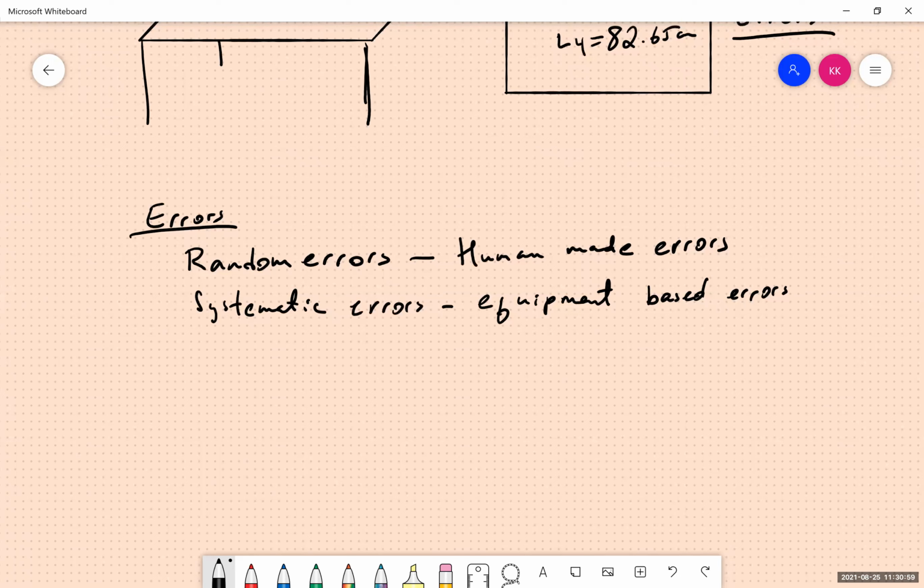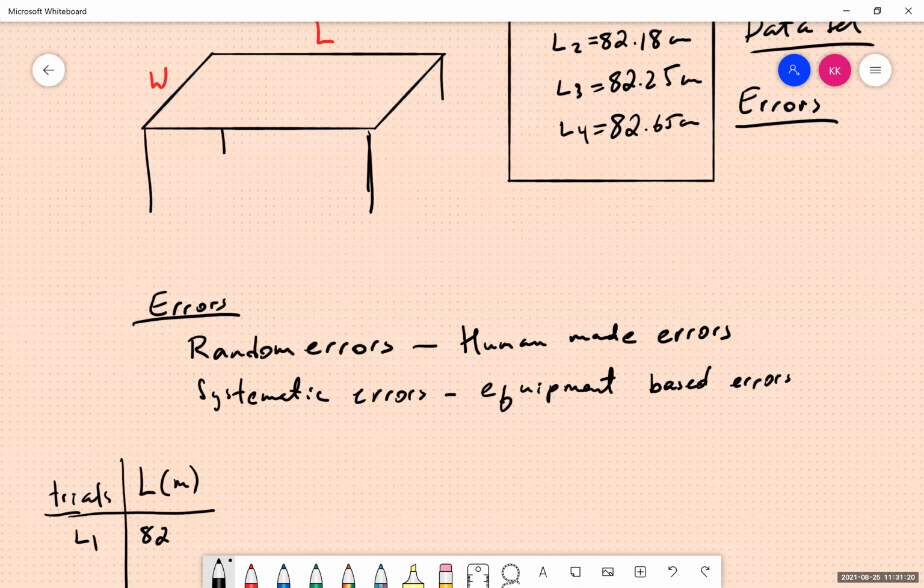You can say, here are my measurements of length, L, in units of meters. And then we have some trials. For example, here's trial 1, L1, and that was 82.12.